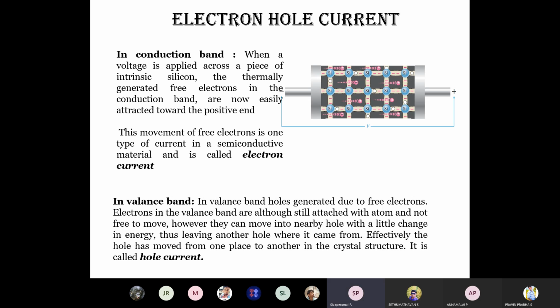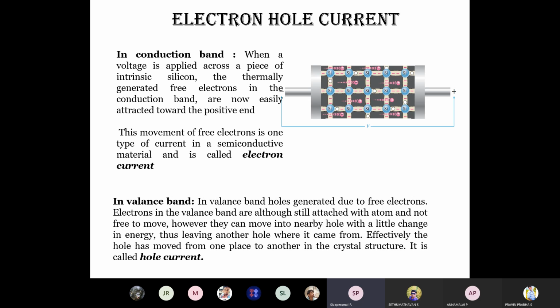Once this bond is broken, a hole is created. Once the hole is created, an electron automatically moves to fill this vacancy. Once this electron goes to the vacancy position, a hole is created here also.